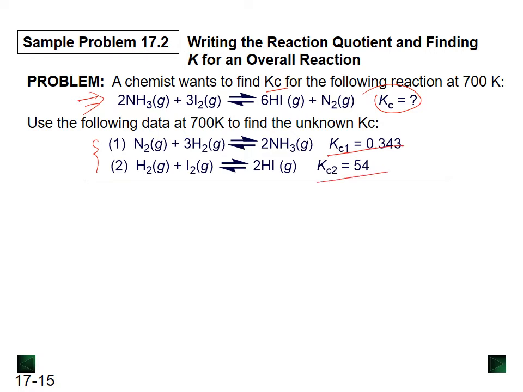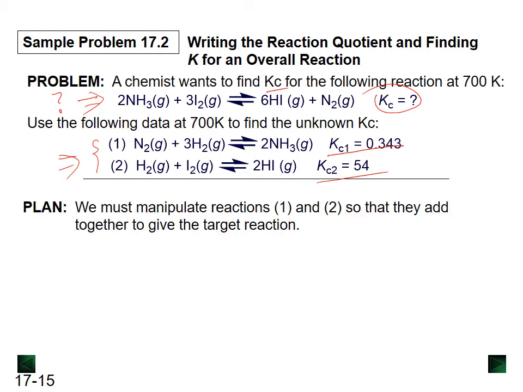So we want to use these 2 reactions to find the unknown reaction. So for this kind of problem, we must manipulate known reactions 1 and 2 so that we can add them together to give the target reaction.